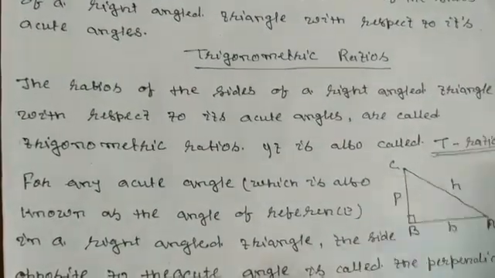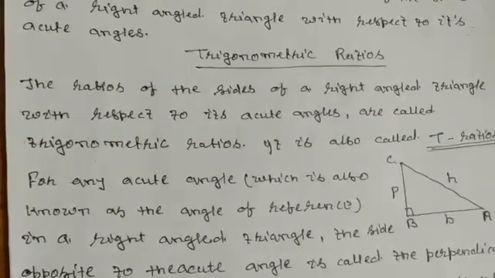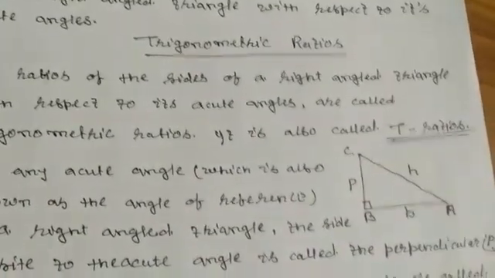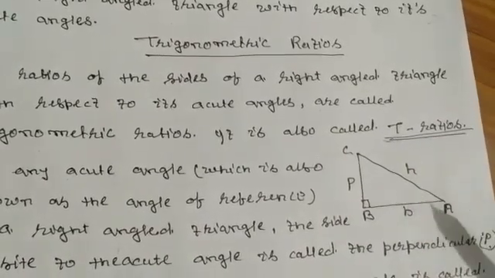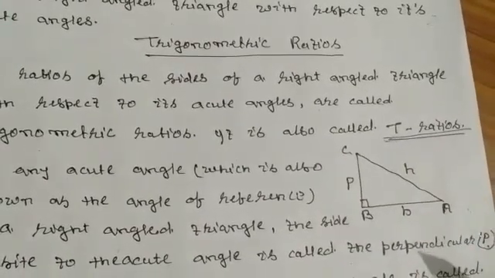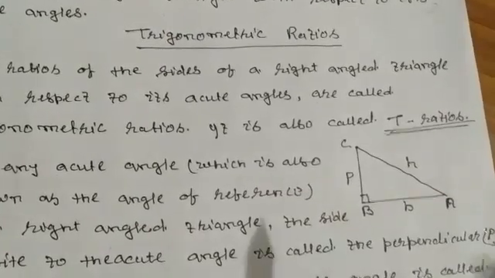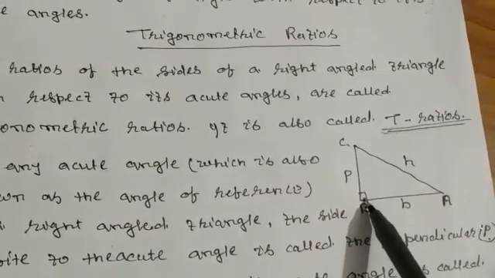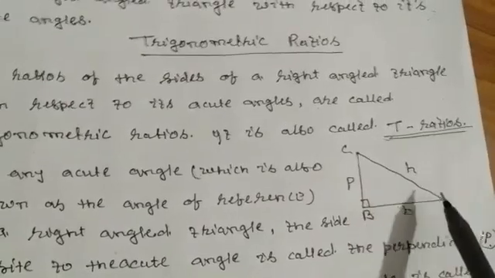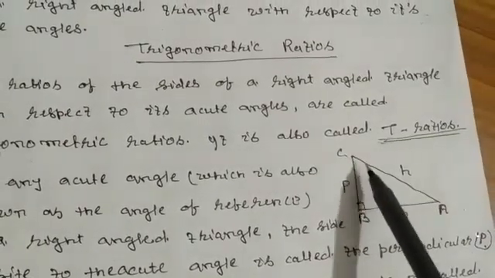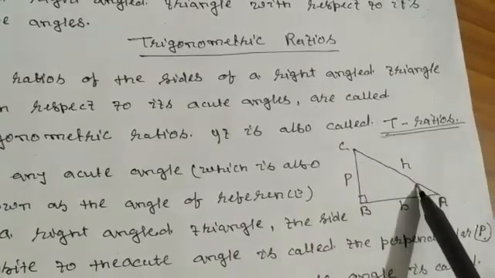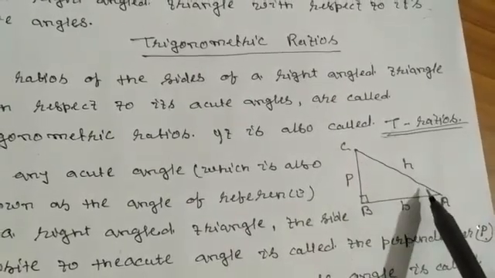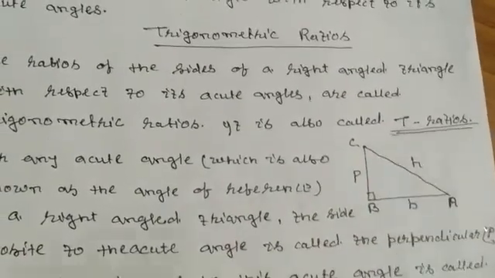Now we consider a right angle triangle. Suppose ABC is a right angle triangle. As you know, in a right angle triangle, one angle is of 90 degrees and the remaining two angles are acute angles whose measurement is between 0 degree and 90 degree.